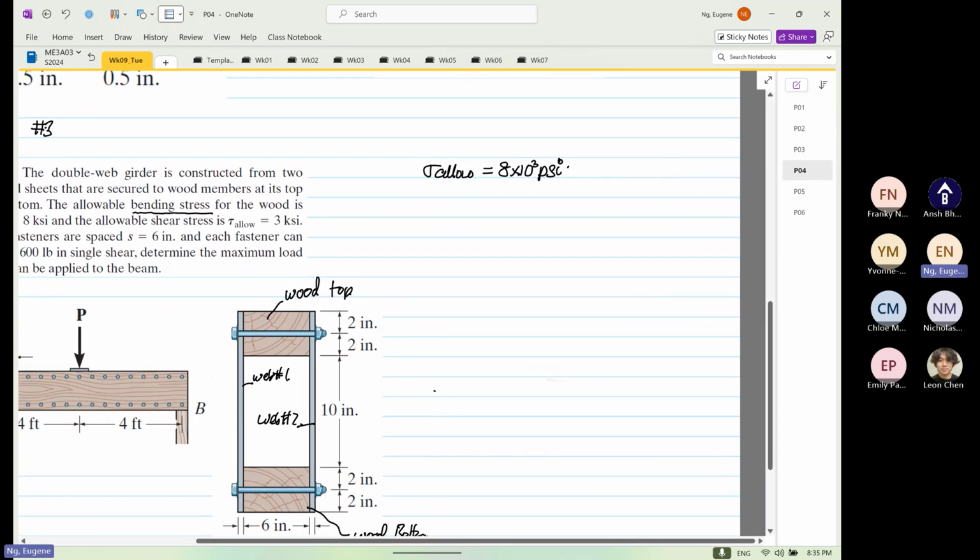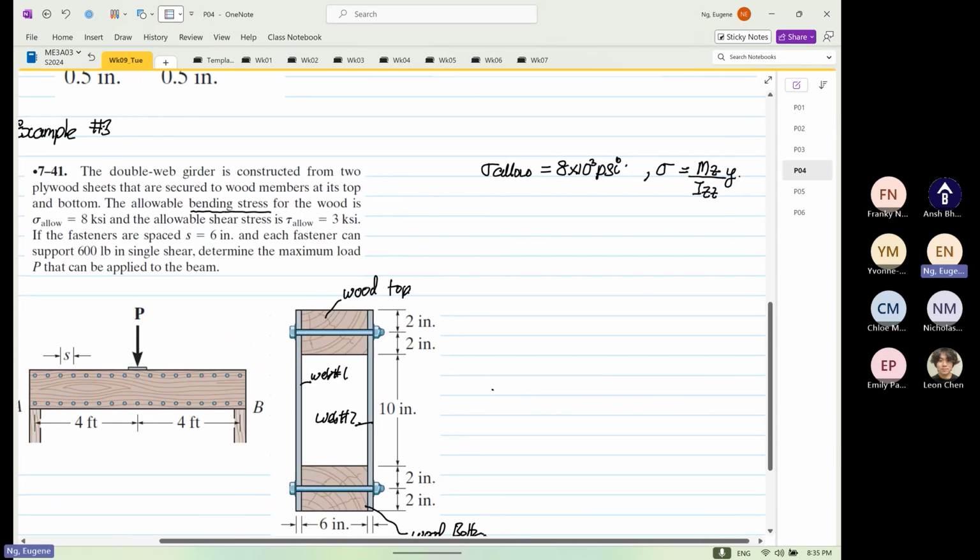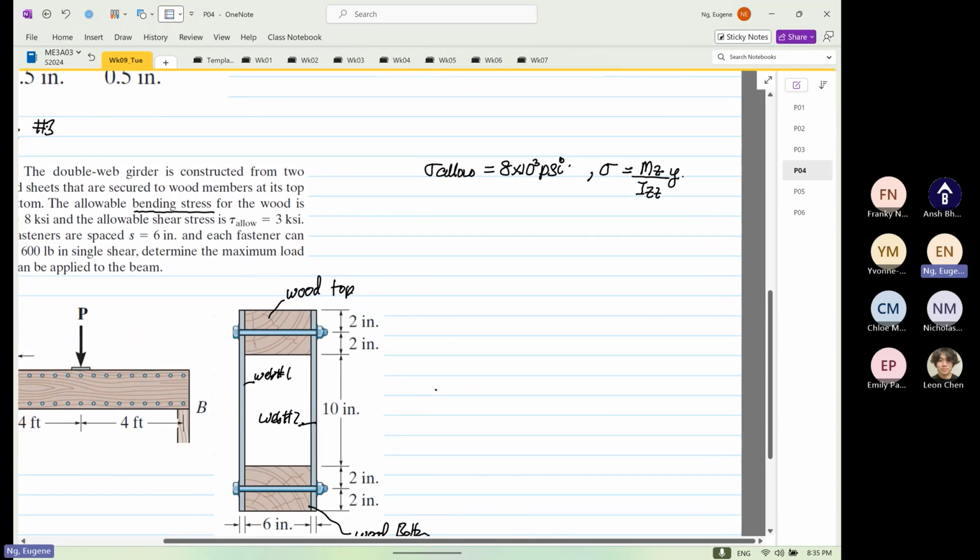So we have been through bending stress before, right? So we know that this stress is equal to Mz over Izz multiplied by y. As you can see with the formula, it is a symmetrical bending, because the bending moment is only about one axis.